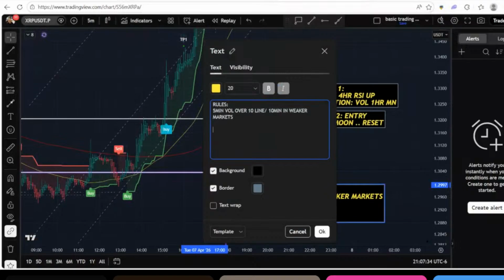Second part of that is going to be 1 hour RSI up, or RSI in your direction. We always say your direction. What that means is that whatever direction you're going, up or down, that's going in your direction. And then another thing is a 10-minute RSI reset if topped, or if over 80%.